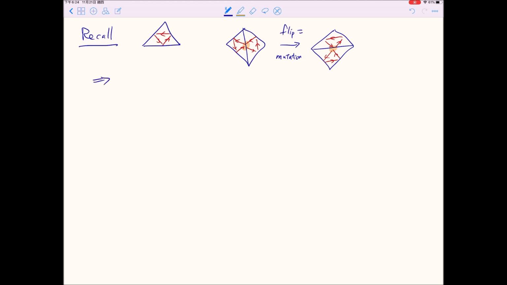So we just associate to each triangle such a quiver, then we'll get an extended exchange matrix, and we will obtain cluster algebra of geometric type, starting from this extended exchange matrix.